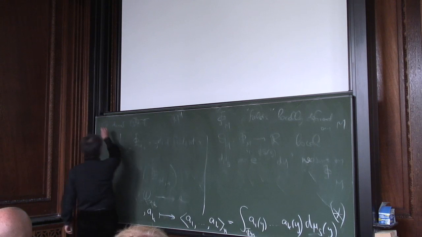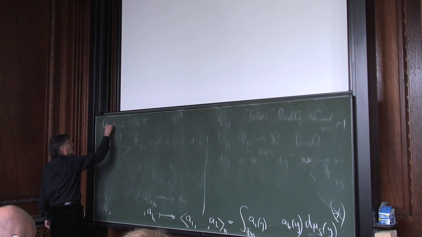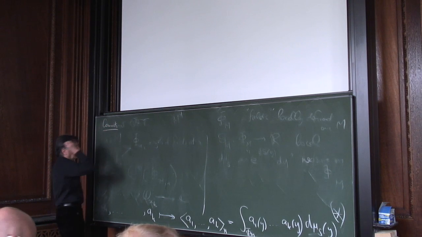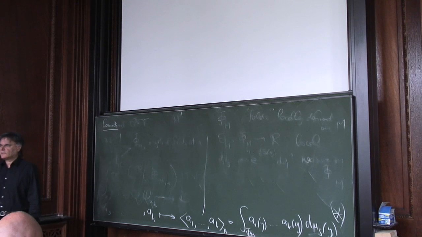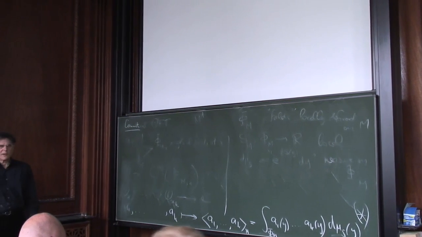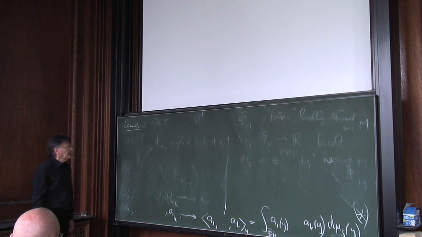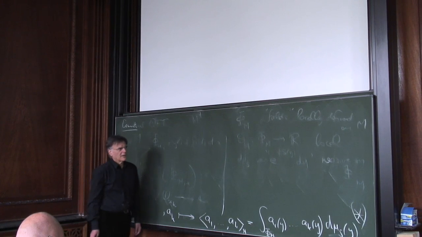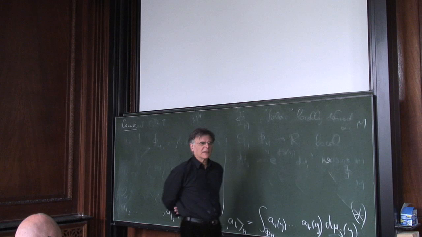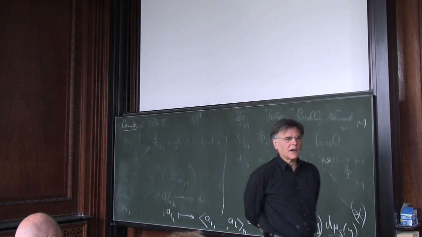Let's put various comments. Well, one of the most important, and that's going to be the main actual topic of today's lecture, is this M that is in the definition, that's meant to be a space-time.